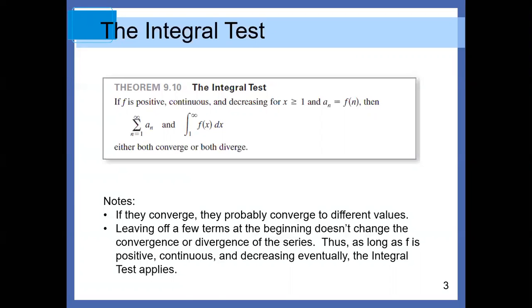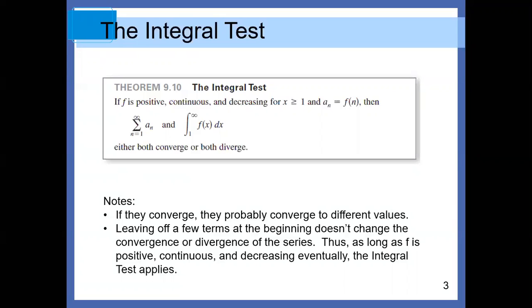So a_n is equal to f at n. So the function is equal to the term values. So like for instance, maybe f of x is equal to 1 over x, and our terms are like 1 over n. Does that make sense? That would be an example of this sort of thing. Then the series and the integral behave exactly the same.